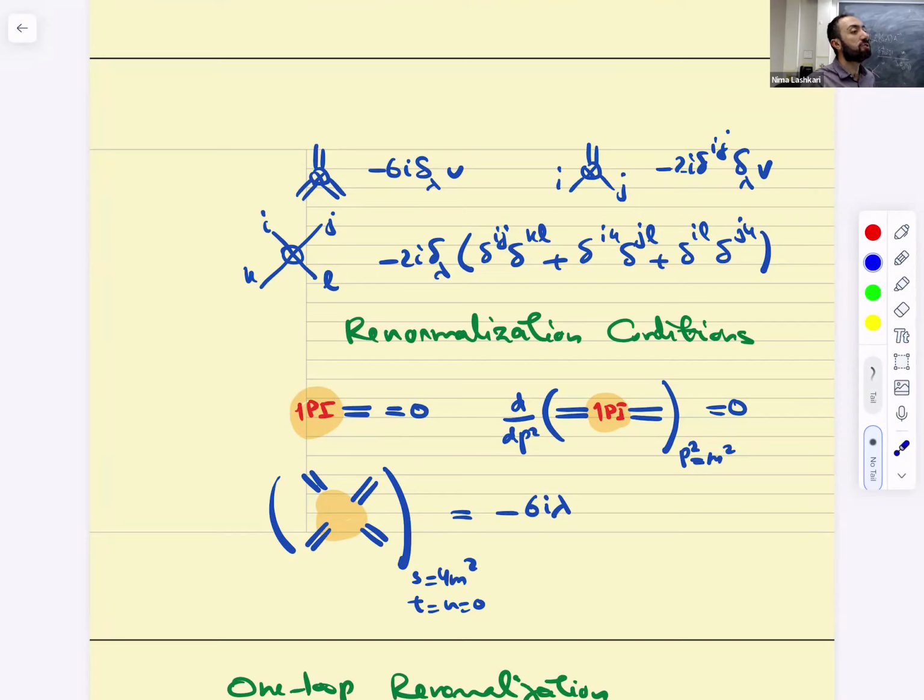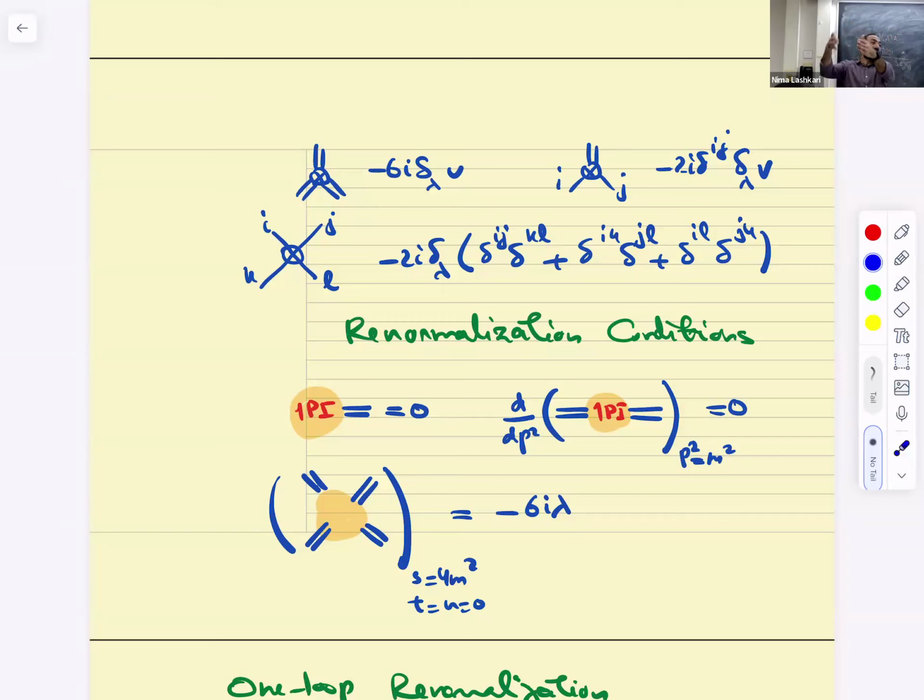What is the 1-point function of phi? Phi is v plus this guy. So this is the requirement that the vacuum expectation value of the field phi is v. This is that condition.